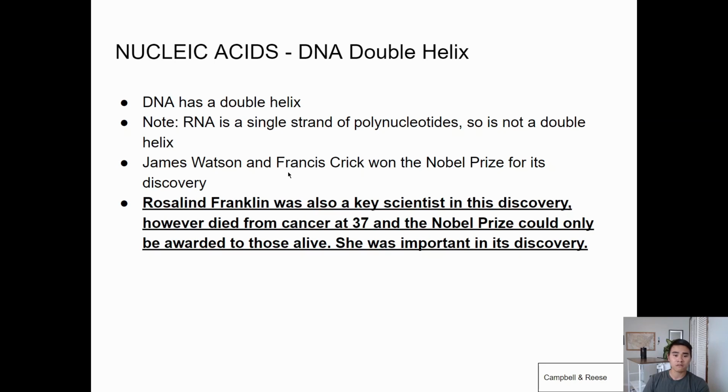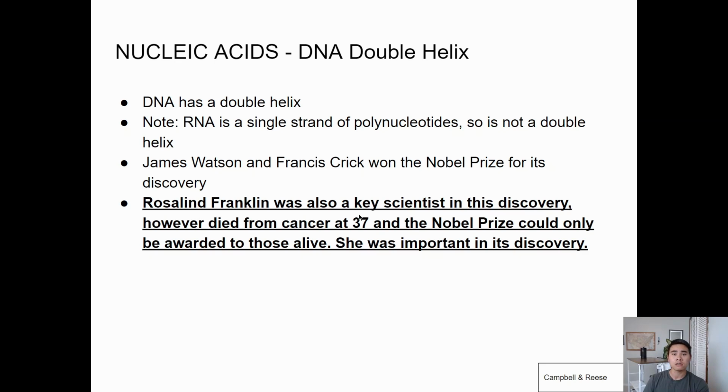James Watson and Francis Crick won the Nobel Prize for the discovery, but there's also controversy in that there's a lot of talk about how they stole the Nobel Prize from Rosalind Franklin and her contribution to it. She actually died from cancer at the age of 37 and was unable to receive the Nobel Prize as a result, because it can only be given to those who are alive.